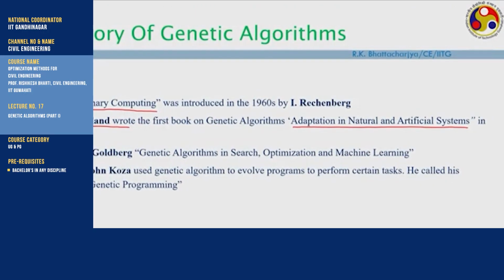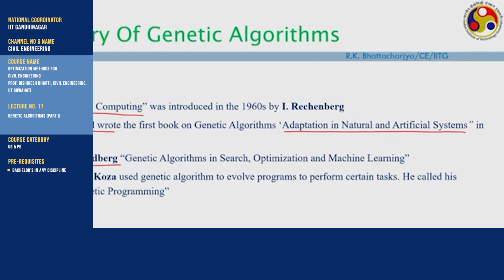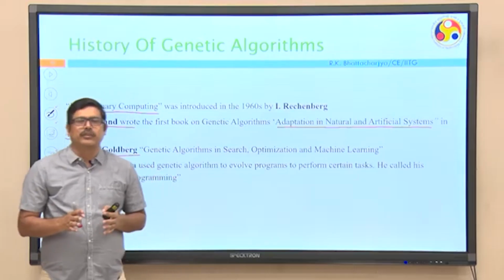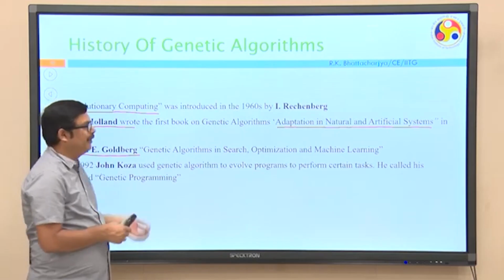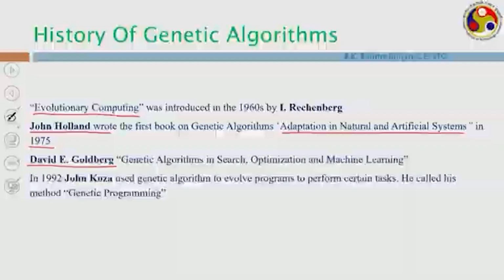Then David Goldberg, a PhD student of Professor Holland, did a lot of work on genetic algorithm, and he eventually wrote a book in 1989. The name of the book is Genetic Algorithms in Search, Optimization and Machine Learning. I think it was one of the most popular books at that time.